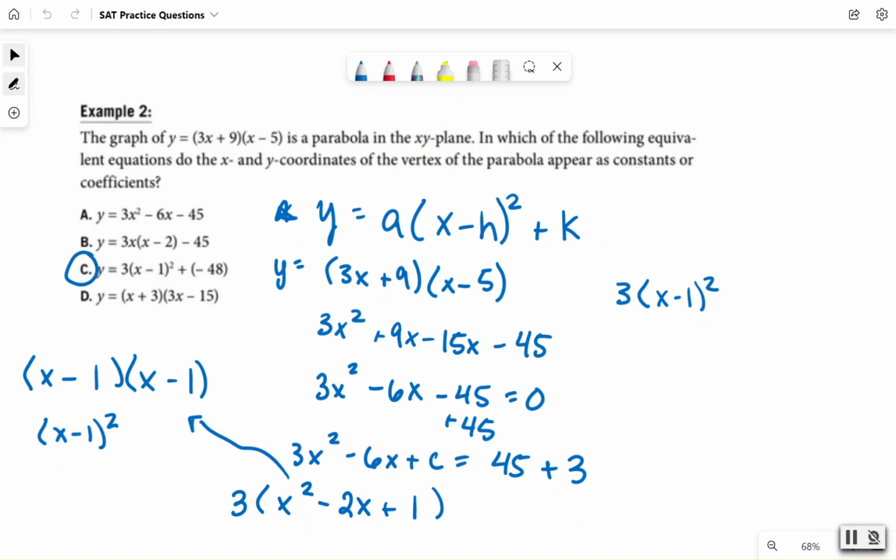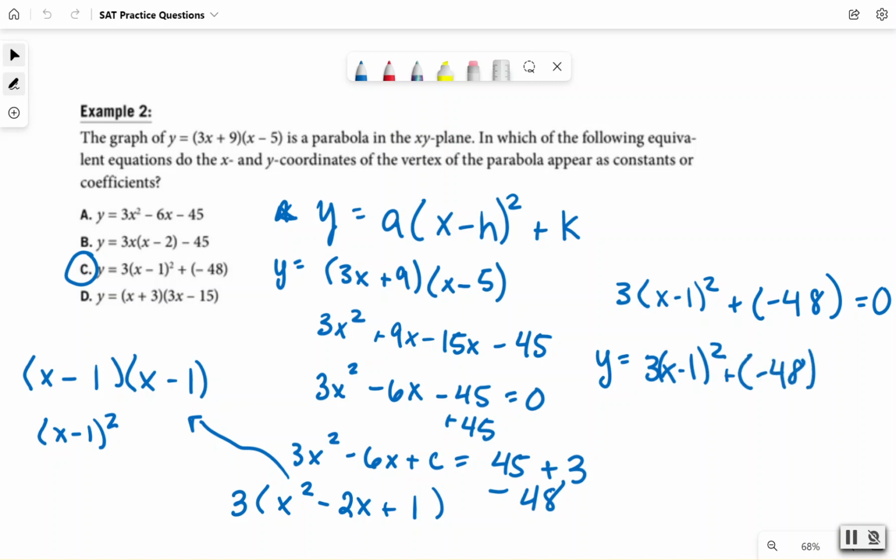My apologies, is what we'll be adding to both sides. To both sides, correct, is negative 3. So we're going to subtract 48 to get us back to our original. So if we subtract, we're going to be adding negative 48, and that's going to be equal to 0. Right, so that's going to become our new equation. Y is going to be equal to 3(x minus 1) squared plus negative 48.